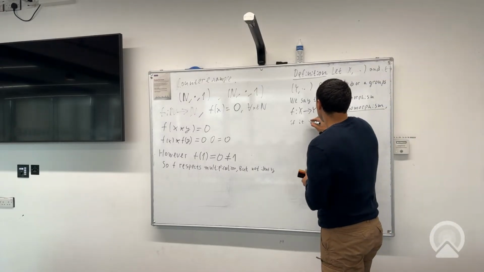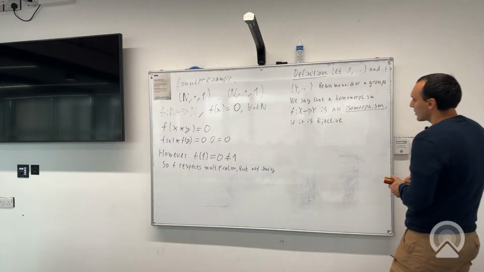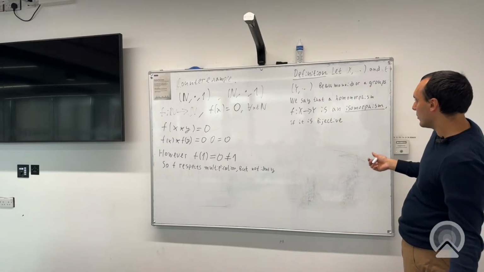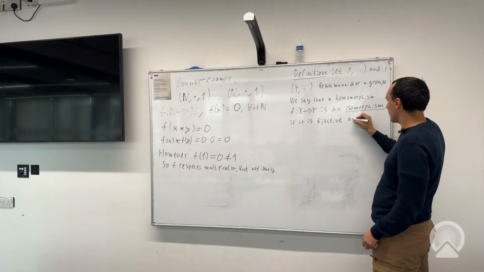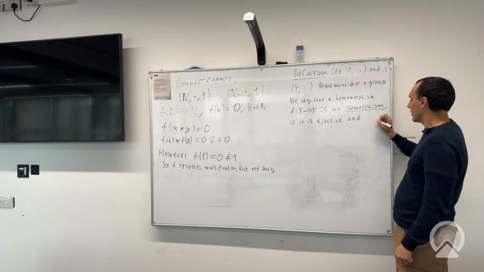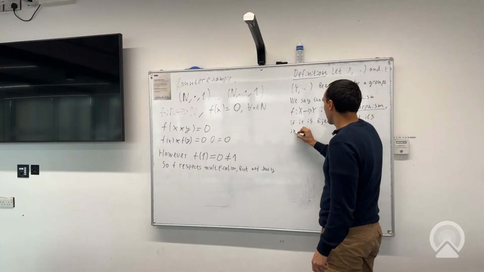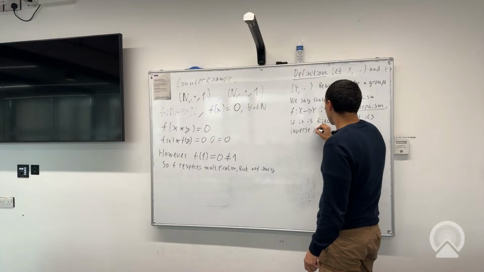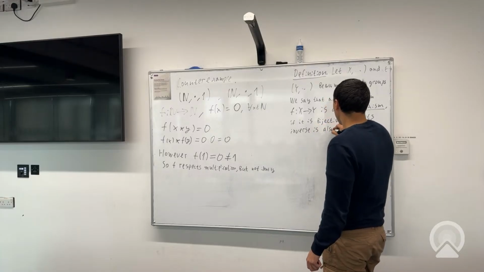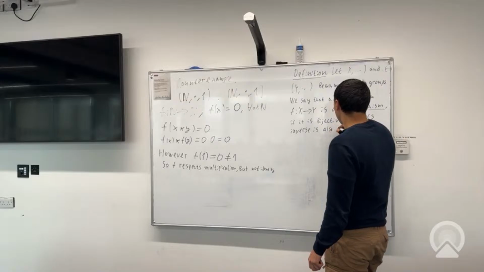If it is bijective, usually people stop here, because the nice part follows, which I will show. And its inverse is also a homomorphism. It's also a homomorphism.